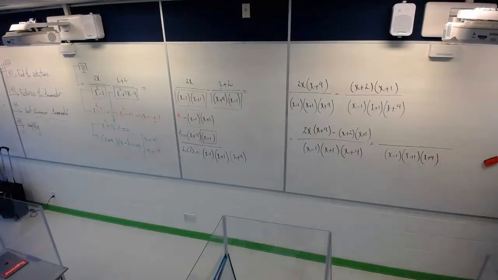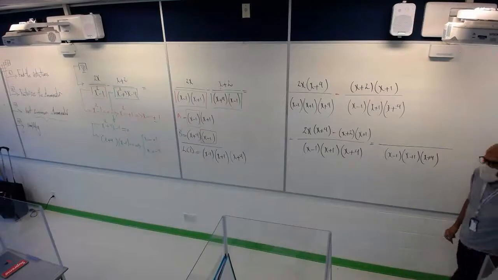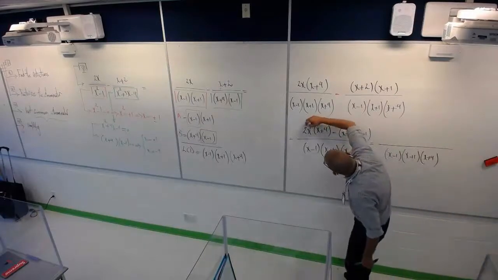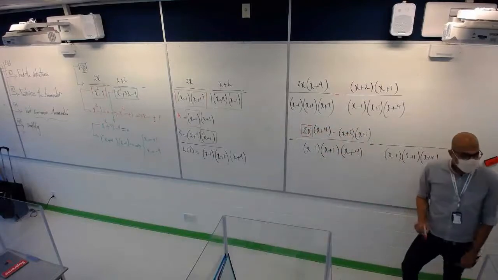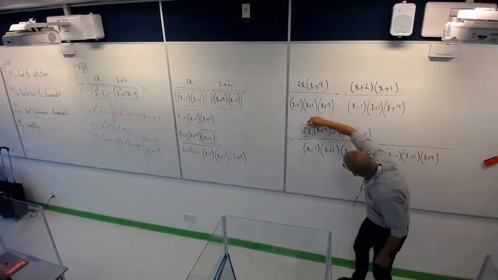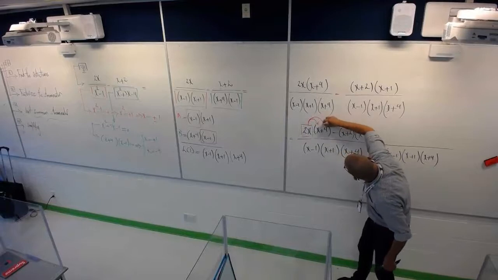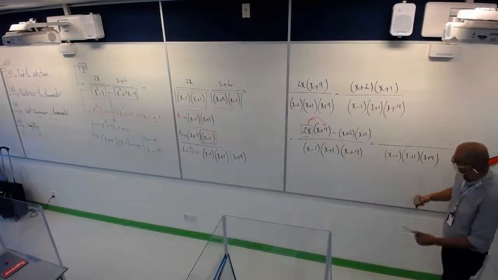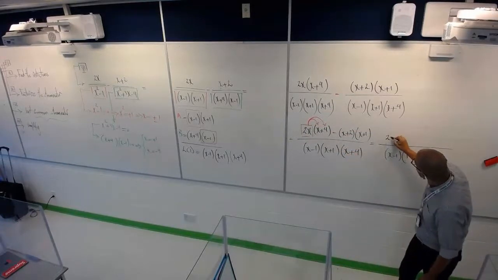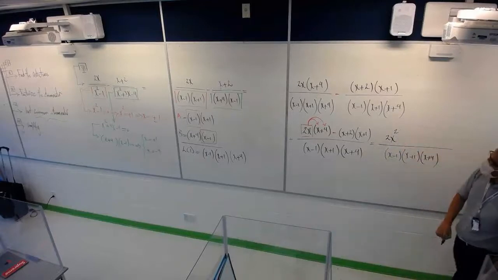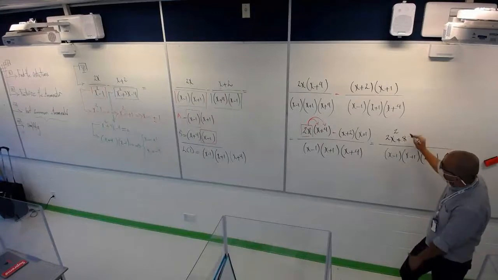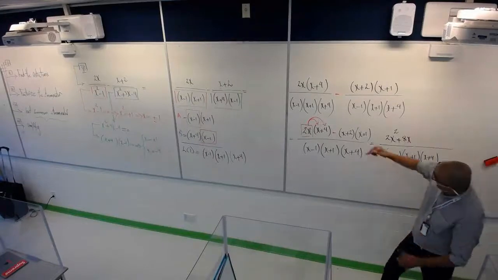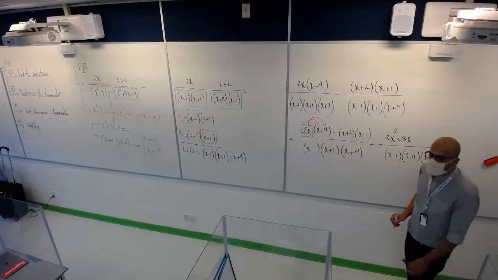And as Kate said, let's take 2x inside. I'm going to multiply this to this, and this to this. Then it becomes 2x to the power 2 plus 8x.